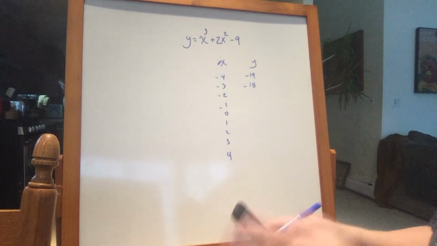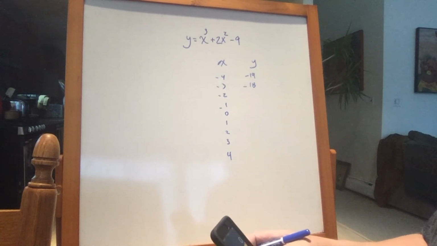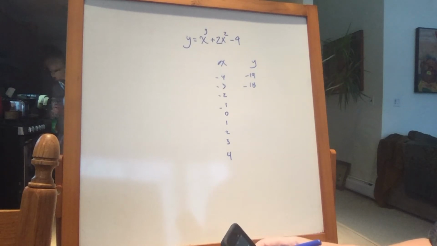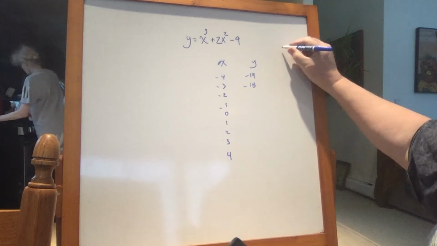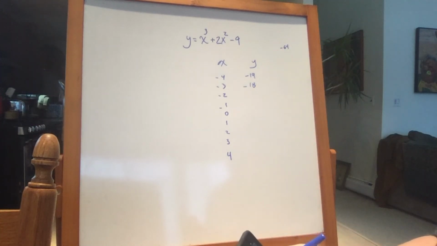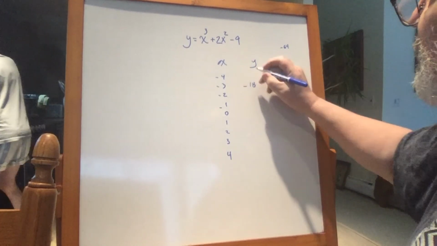All right, so we're going to do minus 4. Okay, minus 64. Here, 16 times 2, that's where I went wrong. Minus 64 plus 32 minus 9, that's minus 41.